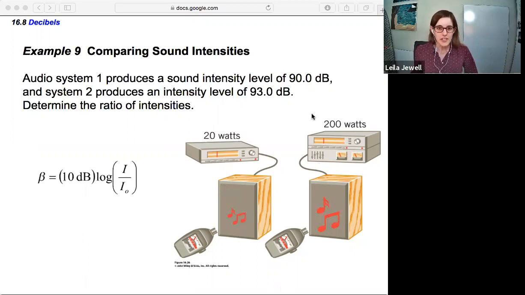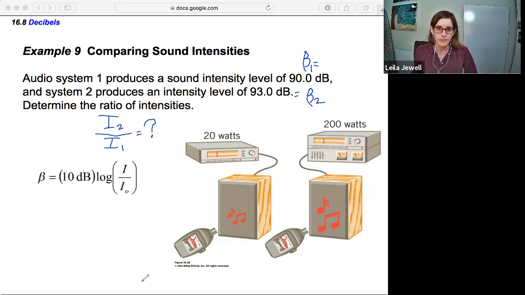We have these intensity levels: sound intensity level 1, beta 1, for 90, and 93 is what we could call beta 2 for audio system 2, its sound intensity level. The ratio of intensities is going to be how I2 compares to I1. A ratio, remember, is always division. So that's what we're ultimately trying to solve for.